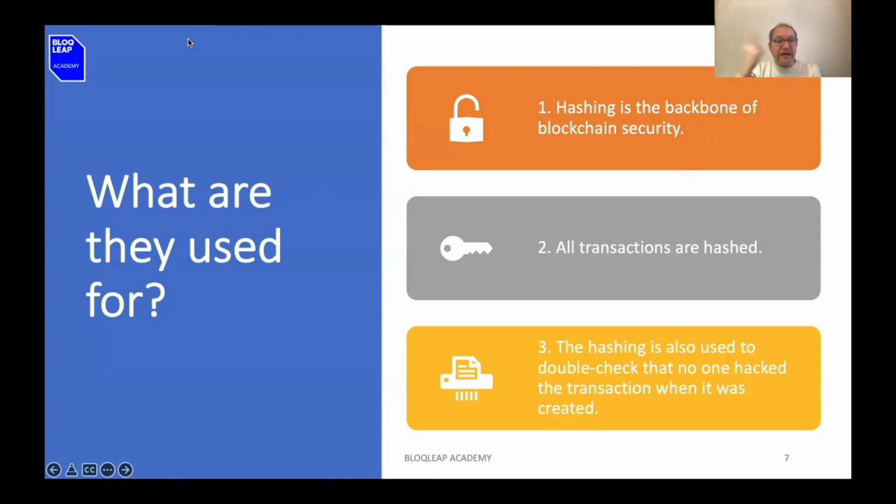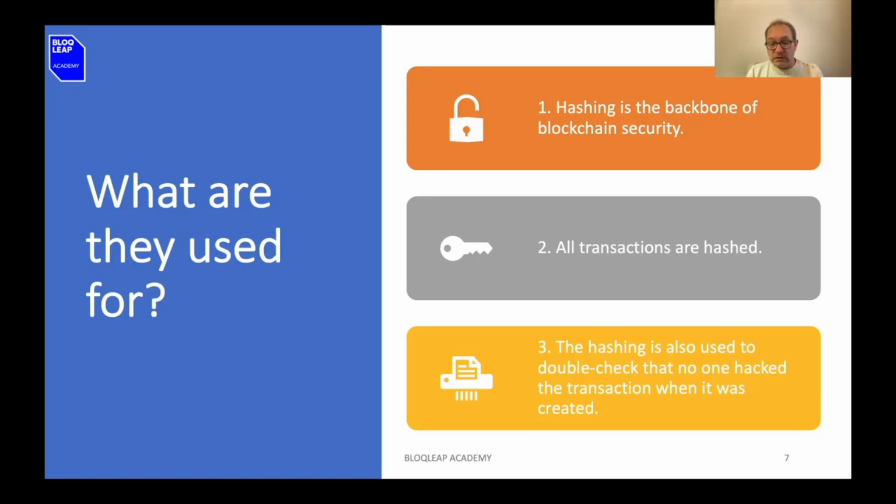One, hashing is the backbone of blockchain security. Without hashing, you don't have security. Then you can have double spending happening, which is hacking and creating new coins. This is what Satoshi Nakamoto, with proof of work, applying all this technology, is about, all right?